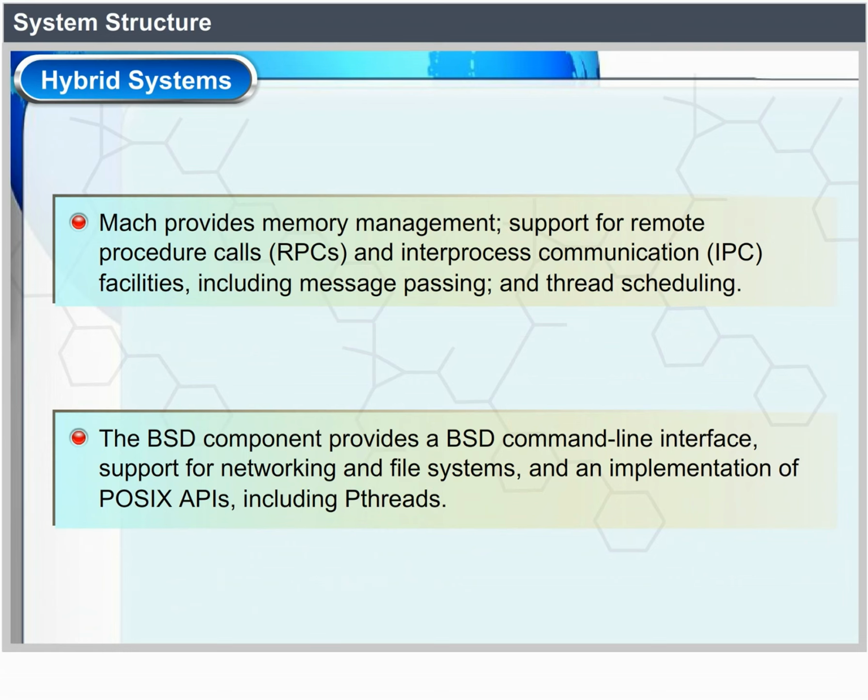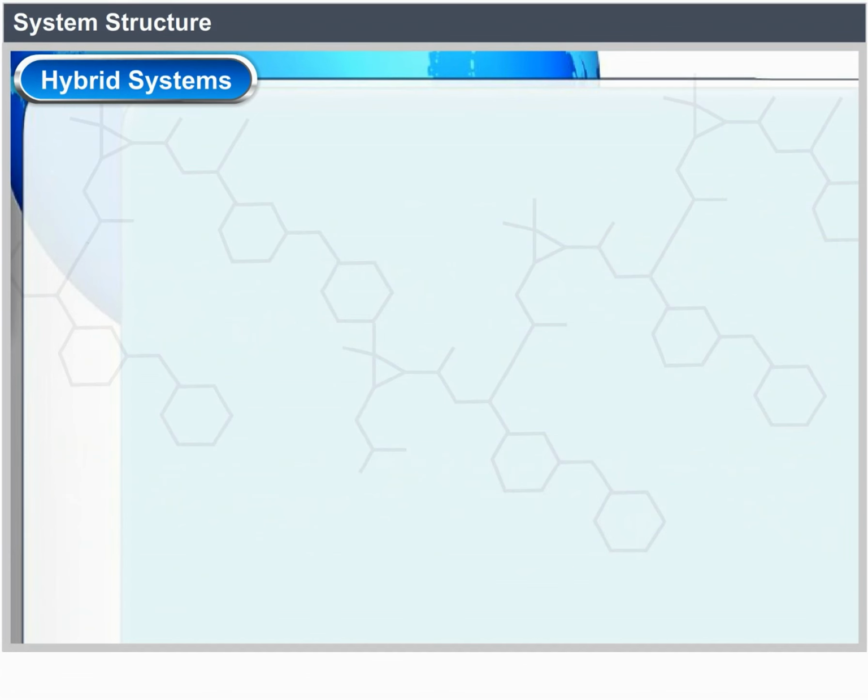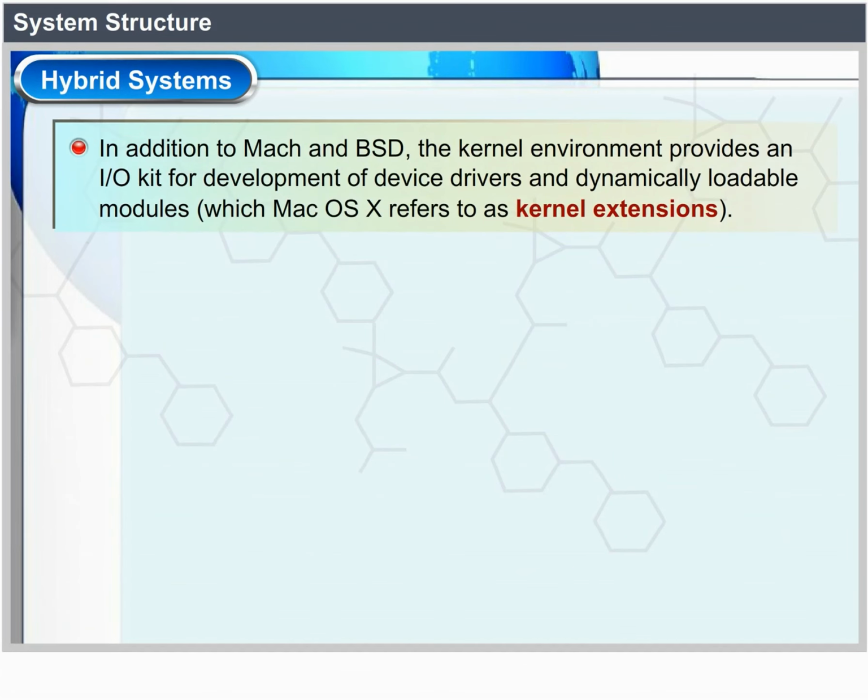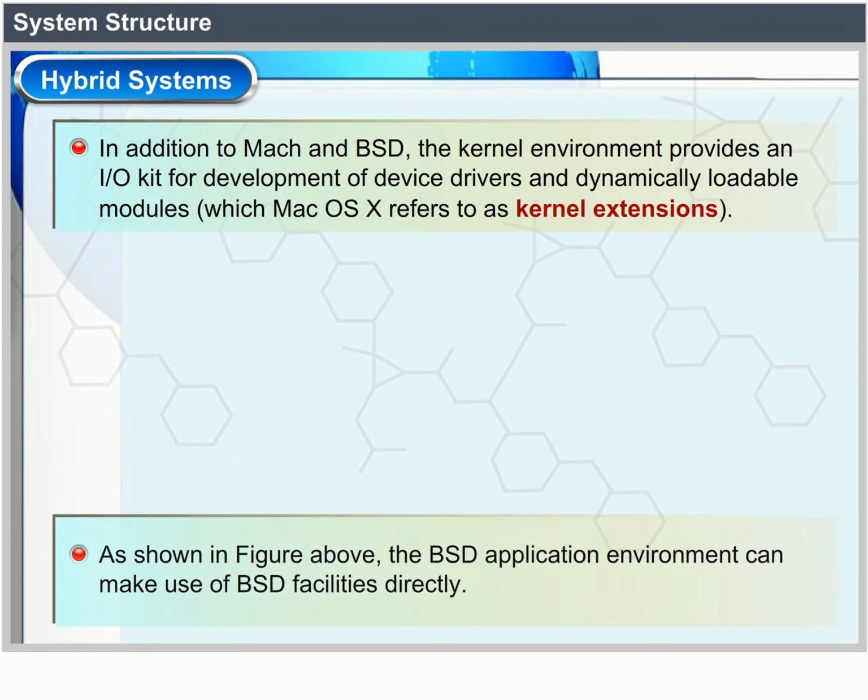In addition to Mach and BSD, the kernel environment provides an input-output kit for the development of device drivers and dynamically loadable modules, which Mac OS X refers to as kernel extensions. As shown in the figure below, the BSD application environment can make use of BSD facilities directly.